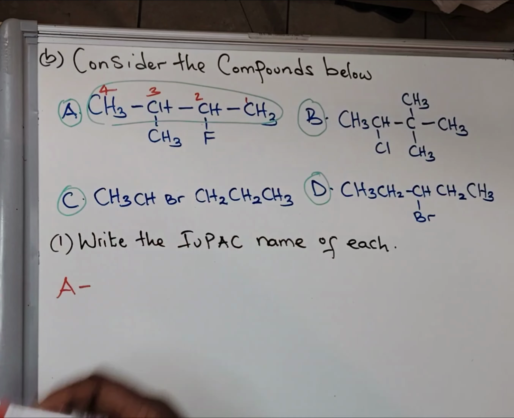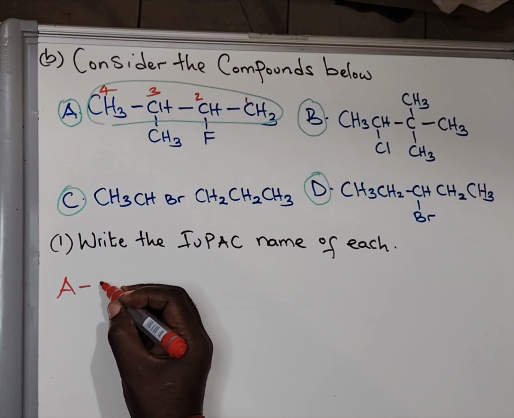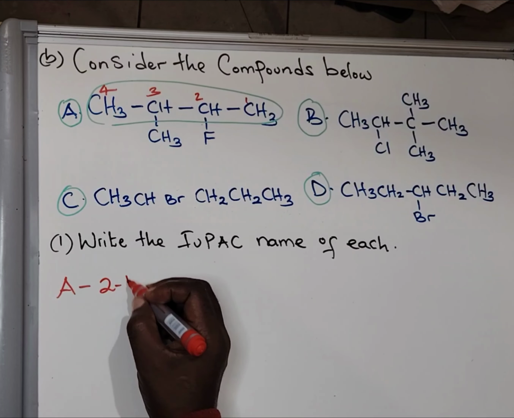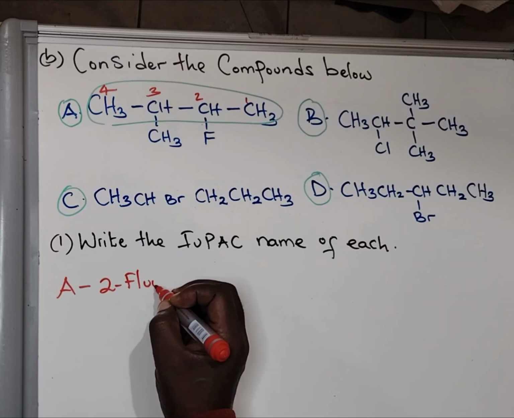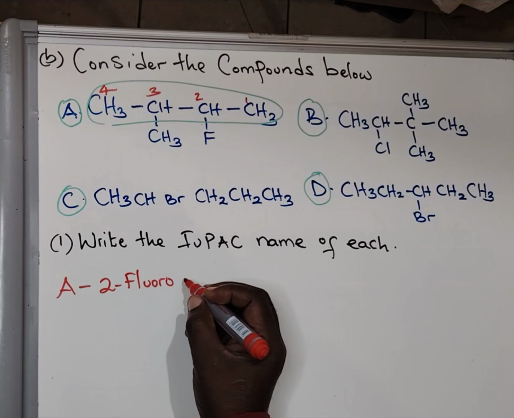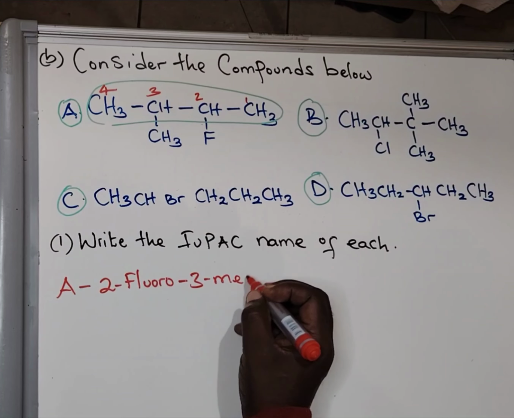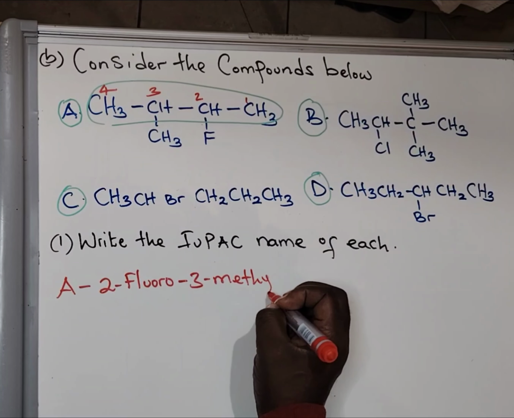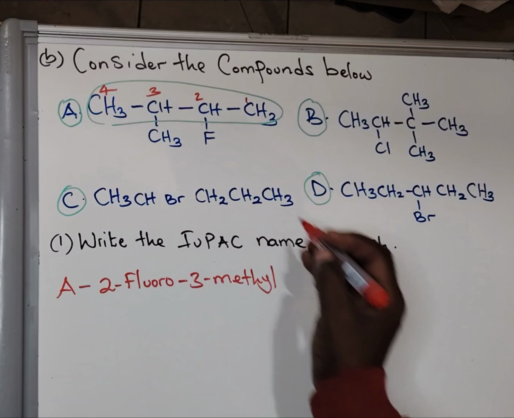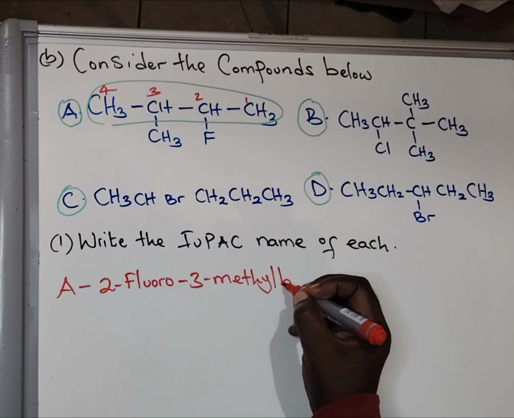Because fluorine is given the smallest number as it comes first in alphabetical order. So with that, what are you going to say? We are going to say the compound is 2-fluoro-3-methylbutane.